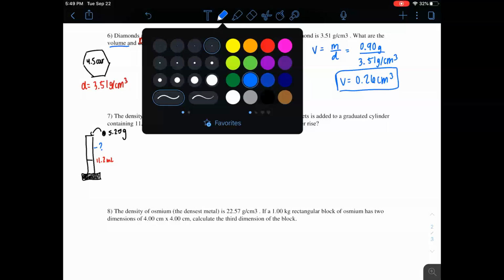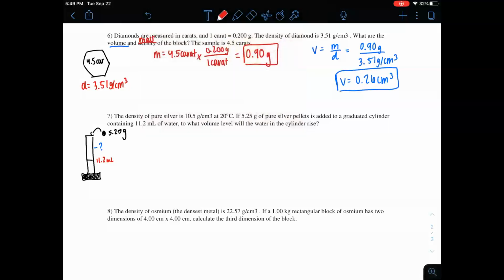So if we look at this here, let's start off with what we know. We know our volume and we know our density. If I were to write this under here, the density of those silver pellets was 10.5 grams per centimeter cubed. So I'm given the density of the pellets and the mass of the pellets, so I need to figure out the volume of those pellets.